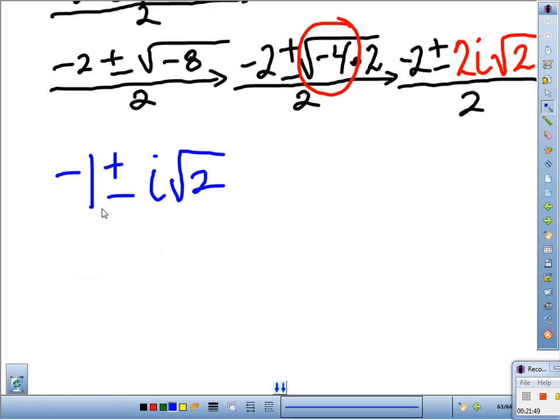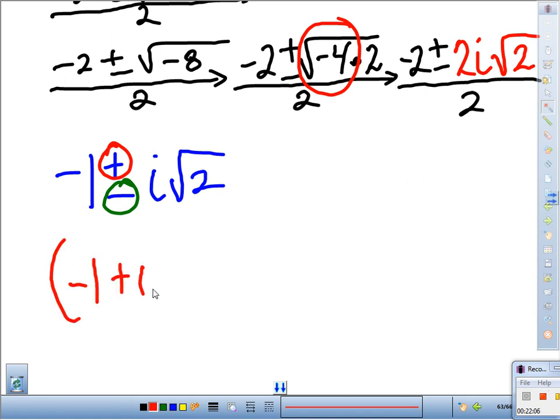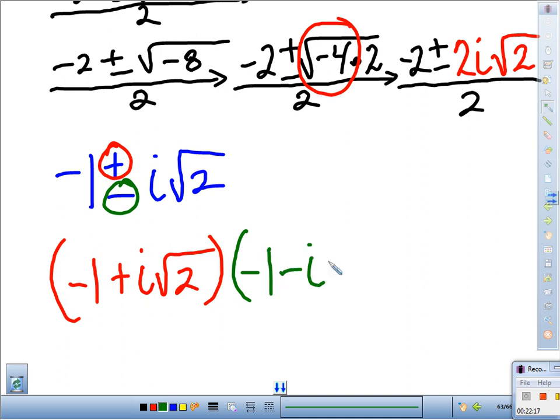I need to write my factors for this. There's 2 of them. The first one is negative 1 plus i square root of 2. And the second one is negative 1 minus i square root of 2.